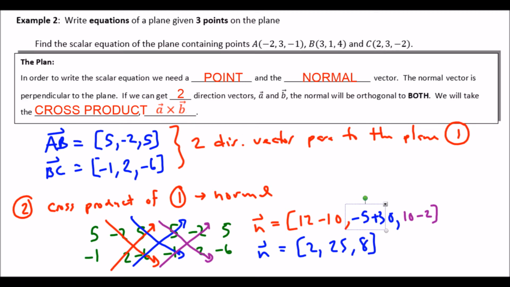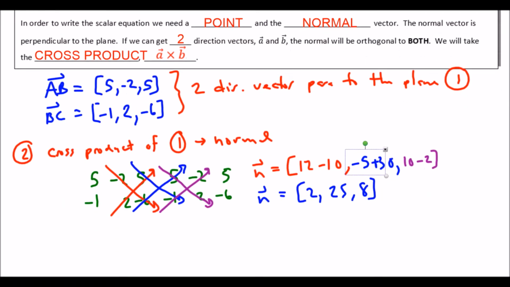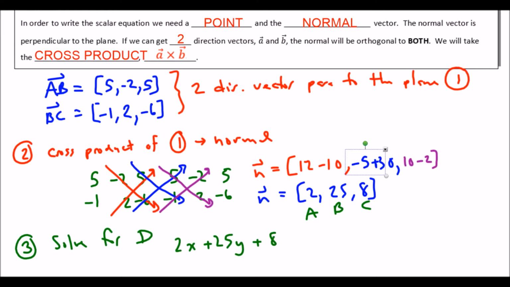What else do I need? I need a point. And again, this is simply my A, B, C. All right, so I got my A, B, C. So step 3, we want to solve for my constant D. I've got here 2x plus 25y plus 8z plus d is equal to 0.